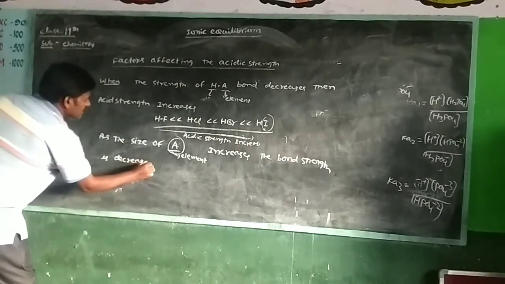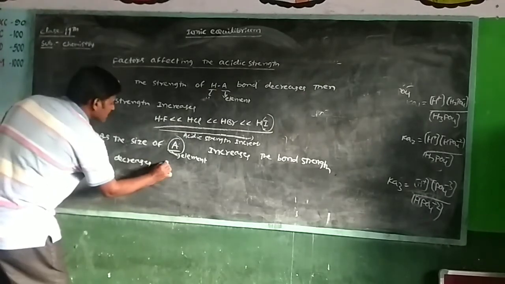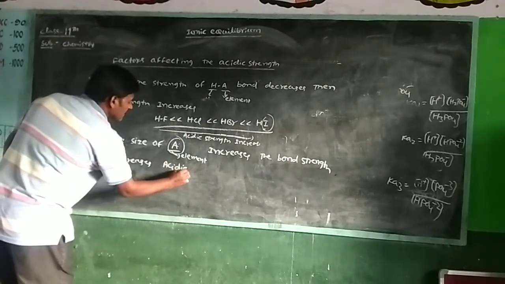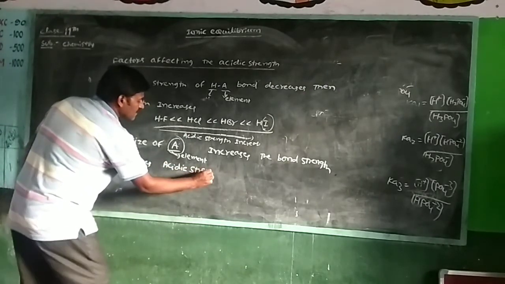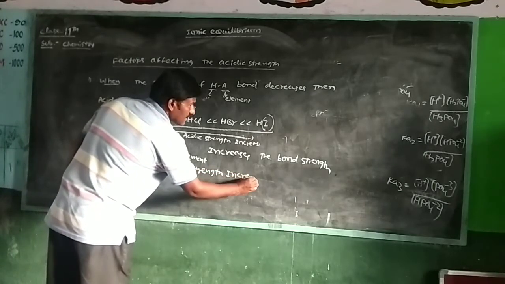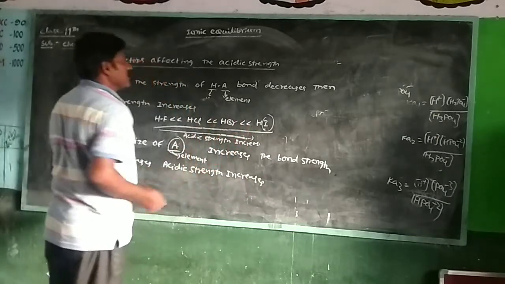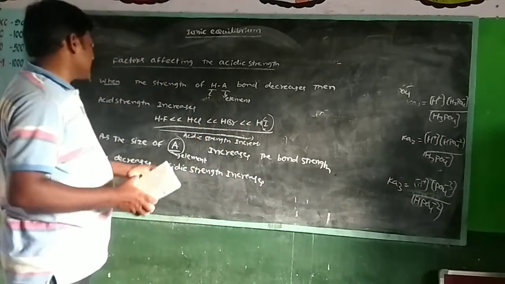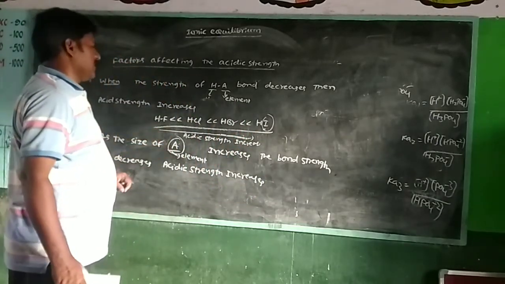Bond strength decreases means acidic strength increases. That's why HI is more acidic than HBr, HCl and HF.